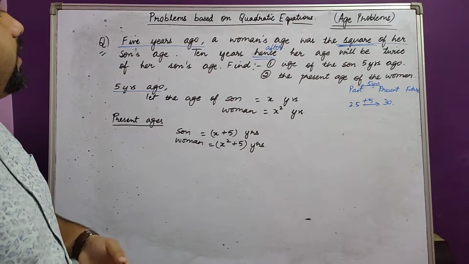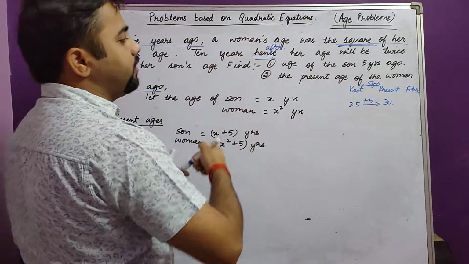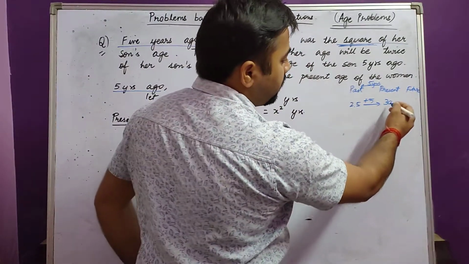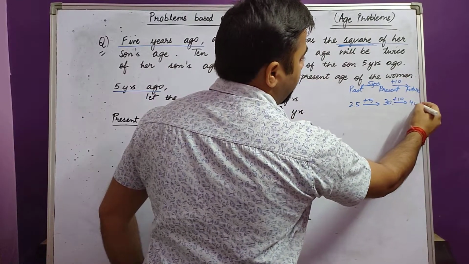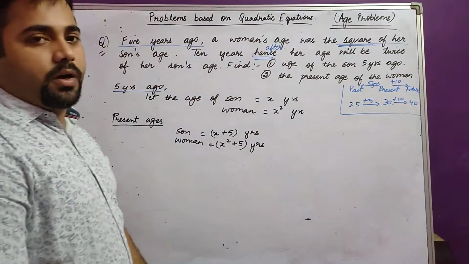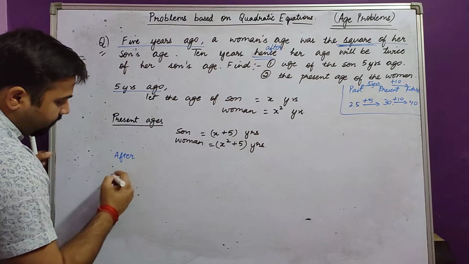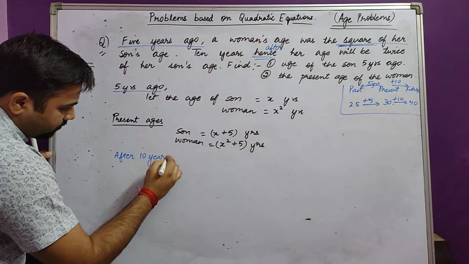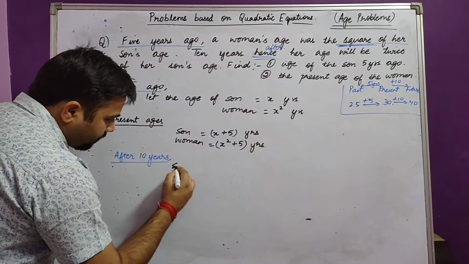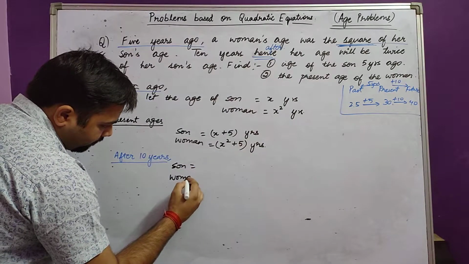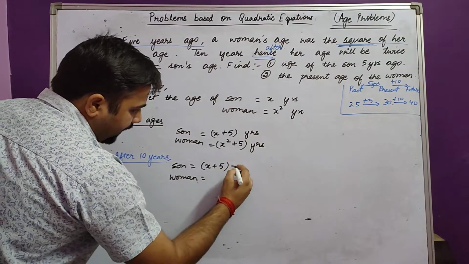Okay, further the question says 10 years hence, that is we have to move on to the future again. If someone's present age is 30, after 10 years his age will be 40. That is, we have to add simply 10 to it. After 10 years, son's age and woman's age, we have to add simply 10 to both of them.